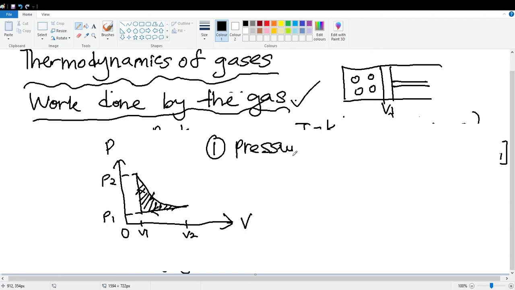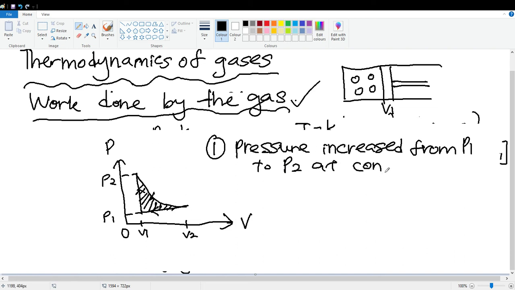Pressure increases from P1 to P2 at constant V. So we have the change in pressure, but in the condition of constant volume.